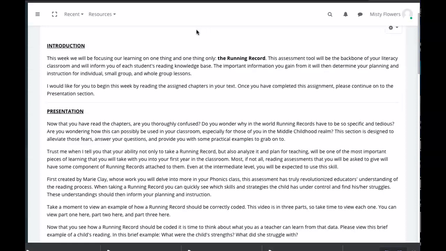For the qualitative analysis, you are looking for evidence of the reader's use of sources of information and also uses of strategic action. The sources of information are meaning, structure, and visual, or MSV.